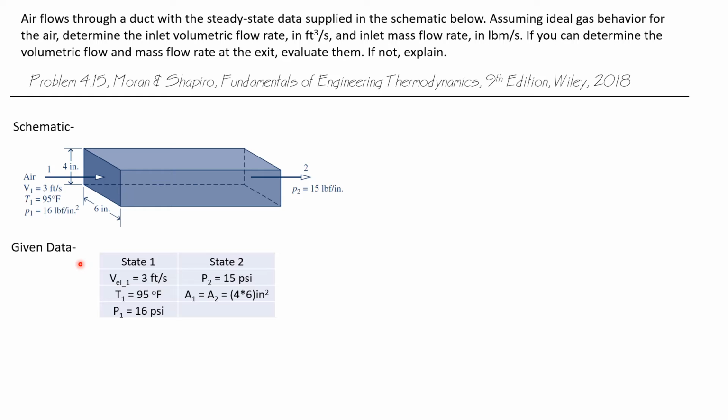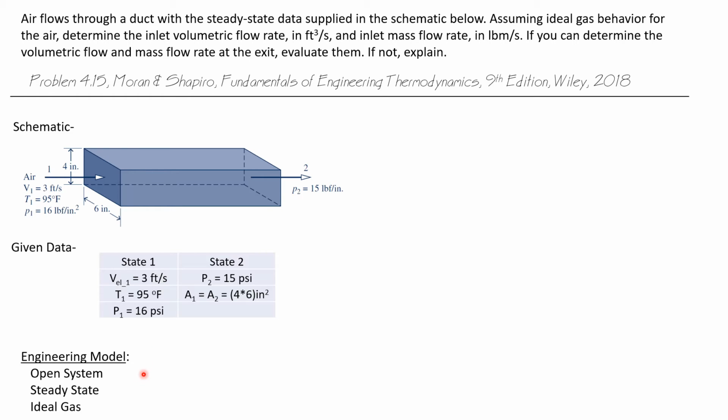Here's what we know. At state 1, we have a velocity of 3 feet per second, a temperature of 95 degrees Fahrenheit, and a pressure of 16 psi. At the exit, the pressure is 15 psi, and the area is the same as at the inlet, and that's just 4 times 6 square inches.